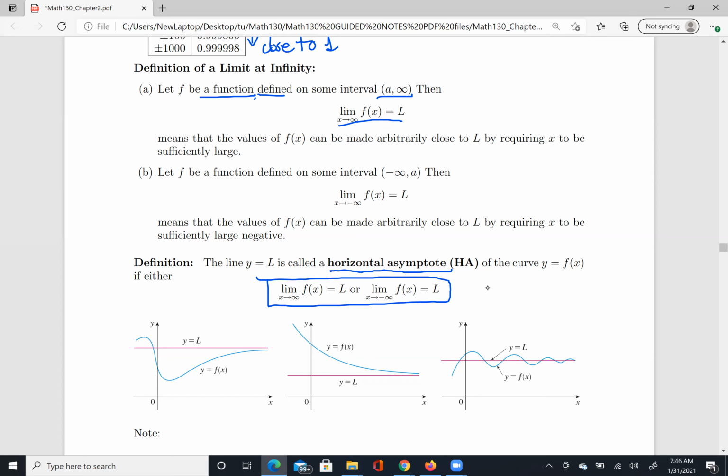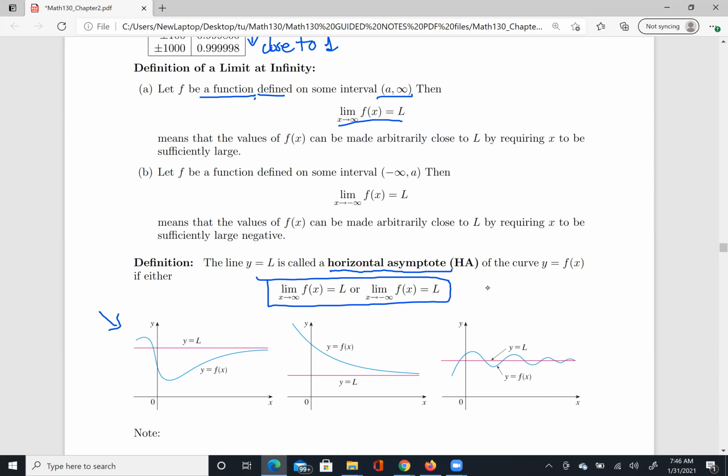So now let's take a look at the graph in the first picture over here. This one, right?